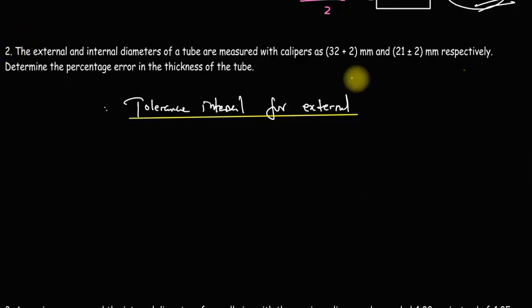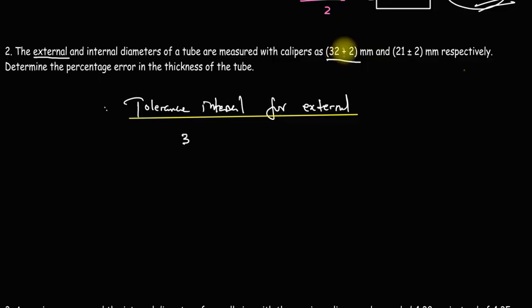So for the external diameter, we can see that this corresponds to this respectively. The external has to be larger than the internal diameter. So we can just know, because 32 is way larger than 21, this is definitely the external diameter.